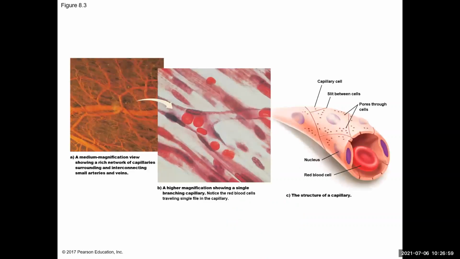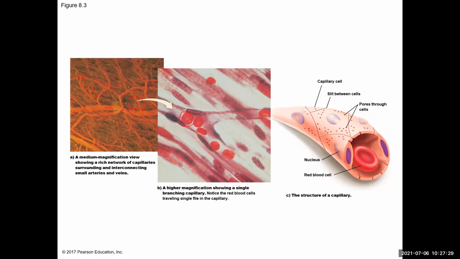Now here we have an image where you have a capillary bed, a network of capillaries with arteries and veins. So these larger ones are like your arteries or your veins, and then these smaller ones here are your capillary beds. Right? So if we zoom in to this capillary bed here, you can see that they're actually somewhat transparent because they're only a cell layer thick.